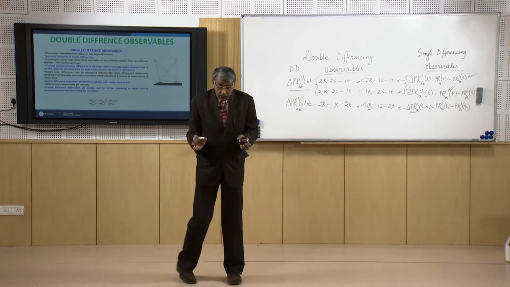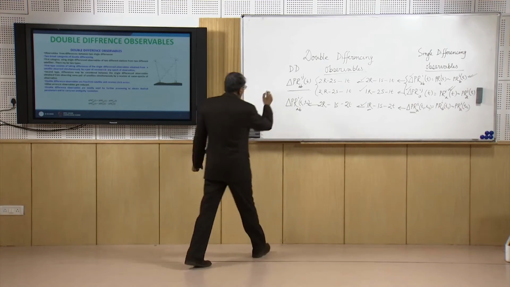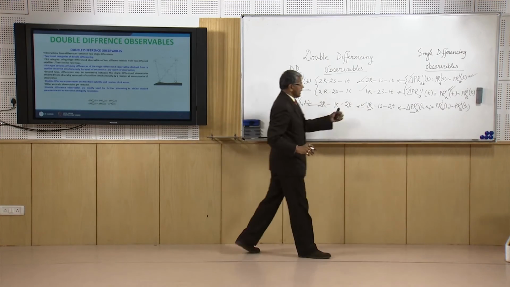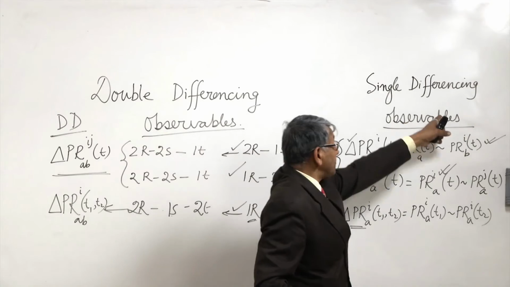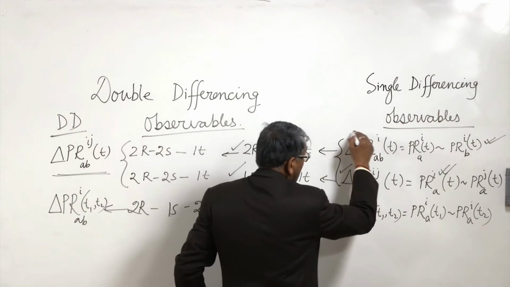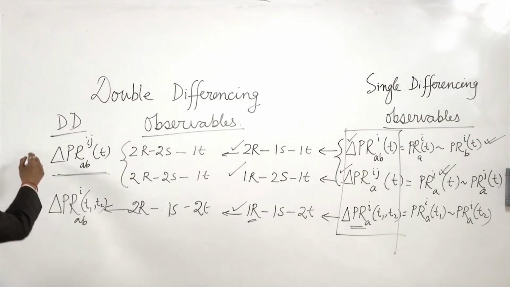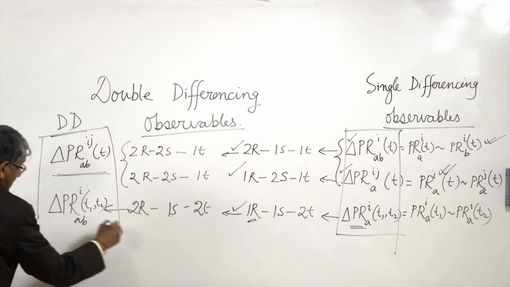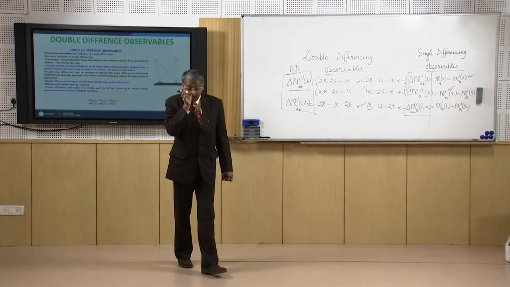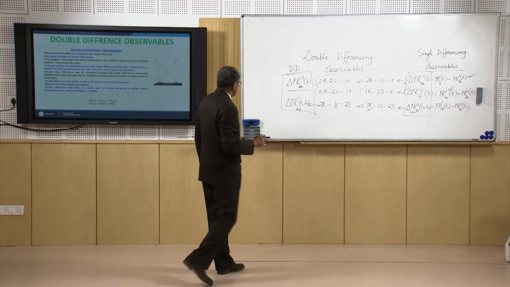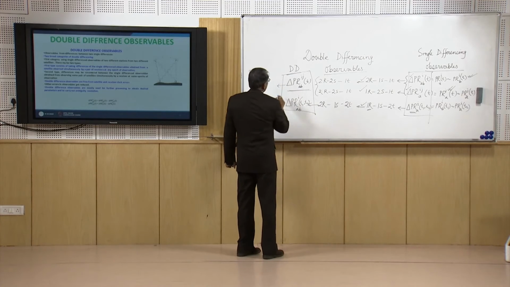So what I wanted to say is that by single differencing we will end up with three types of observables, whereas with double differencing we will end up with two types of double difference observables.